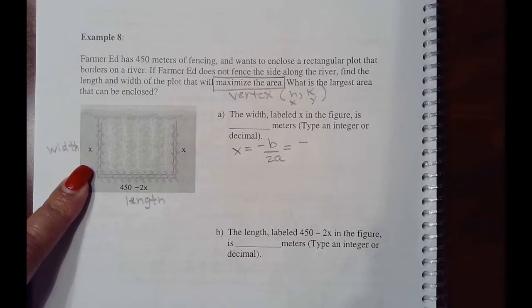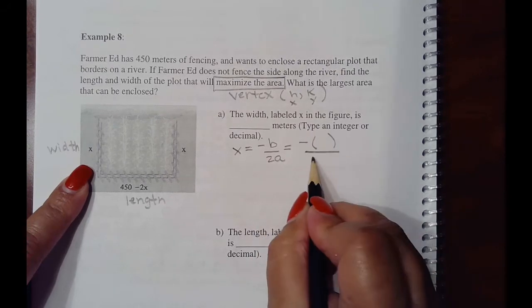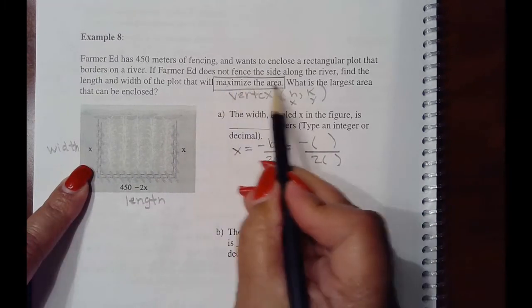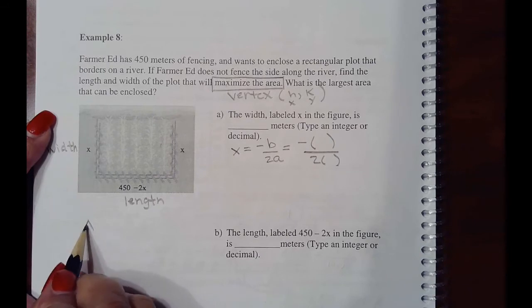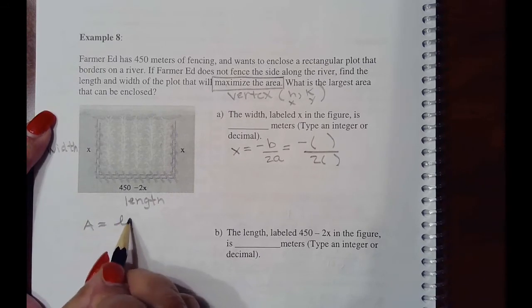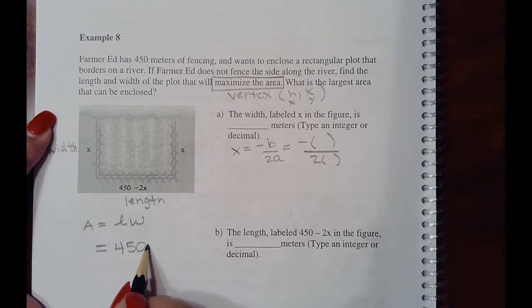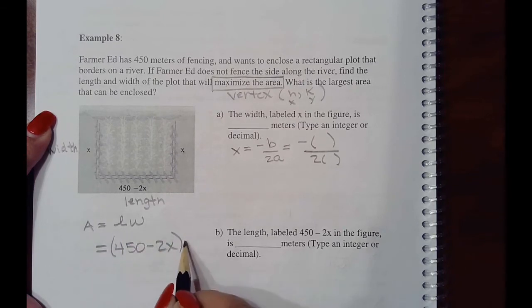Now, if we're going to be able to tell what the B and the A value is, we need an equation. Since they're asking you to maximize area, there is an equation that you can come up with. Area is equal to length times width. Well, the length here is 450 minus 2x. And the width that we're multiplying it by is just x.